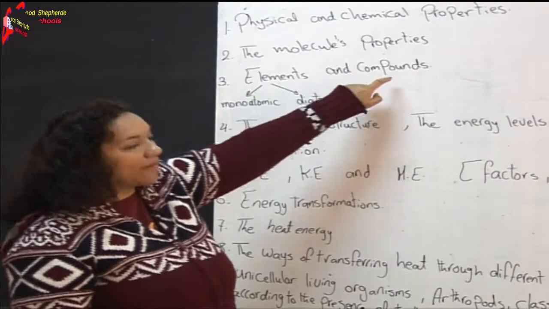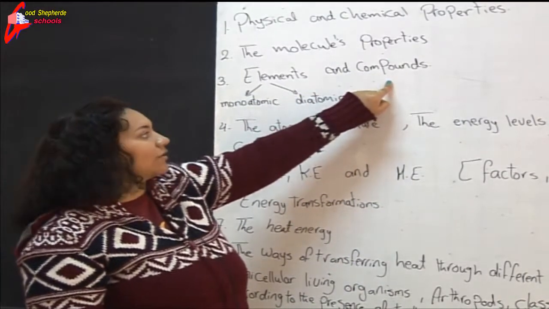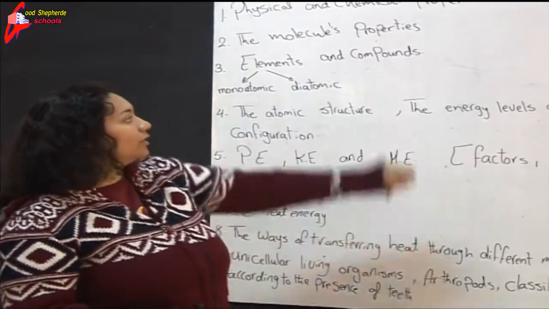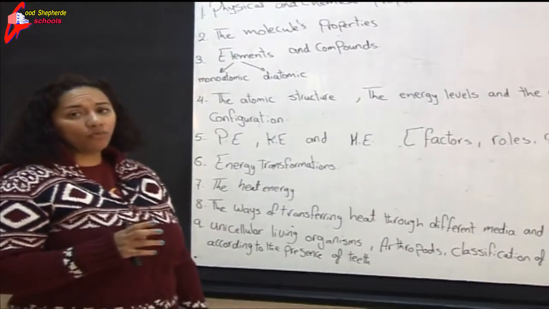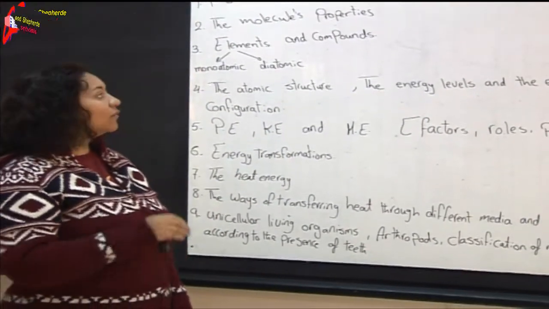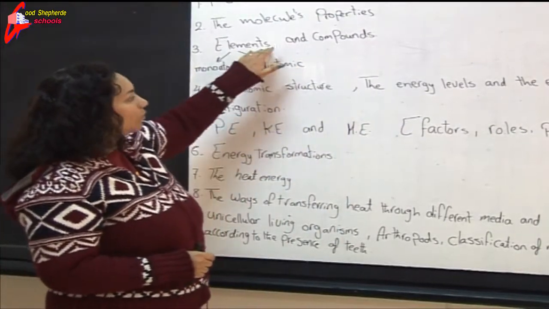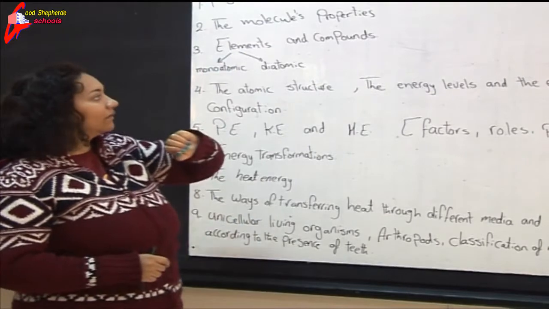What about the compounds? Compounds are substances whose molecule is made of 2 or more atoms of different elements. So a compound is made of more than one element.